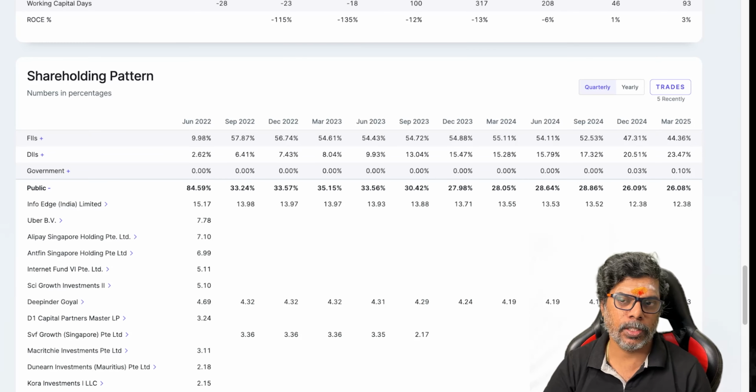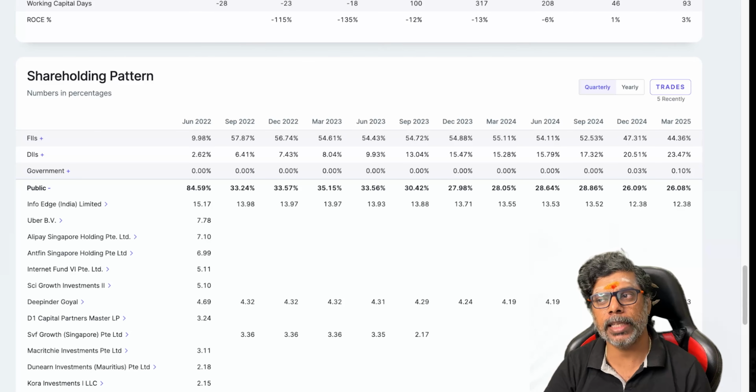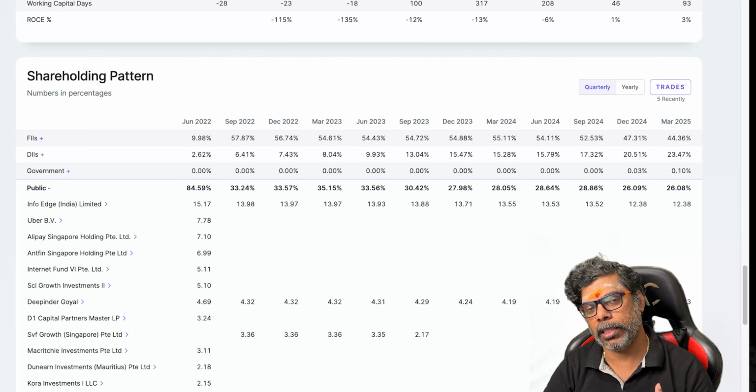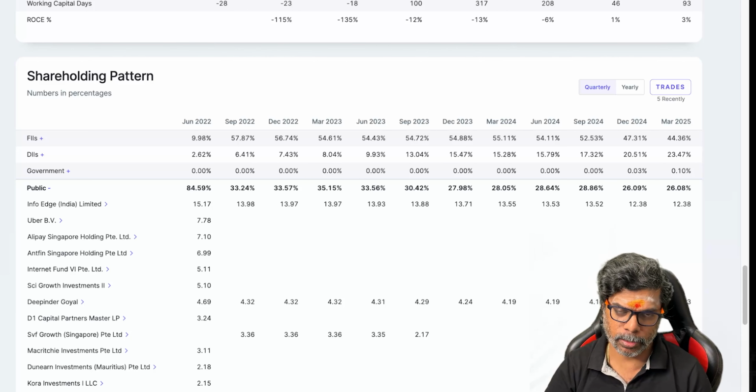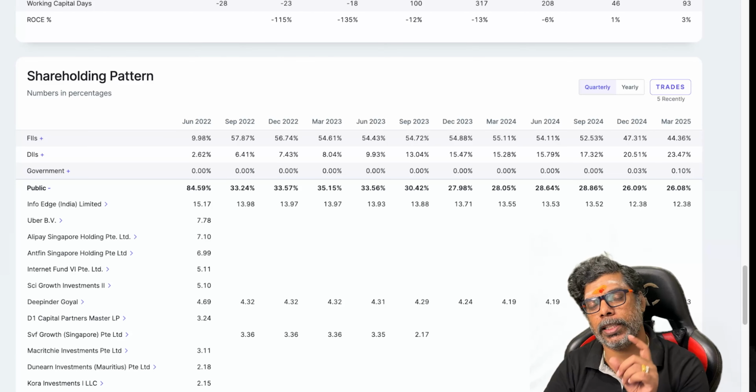So you have to check how shareholding patterns are changing. If the worth is 10,000 crore and they sell 1 or 2 crore of stake, that's okay, not a big deal. But if they sell 100 crores, 10 percent of their holdings, that is where you have to check. That is the red alert.